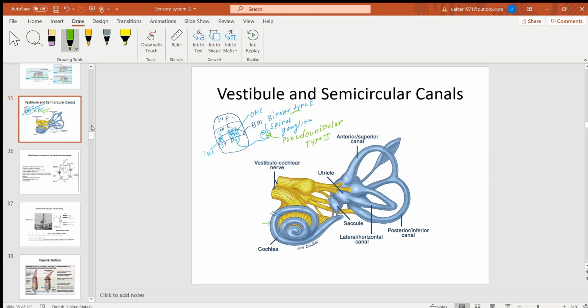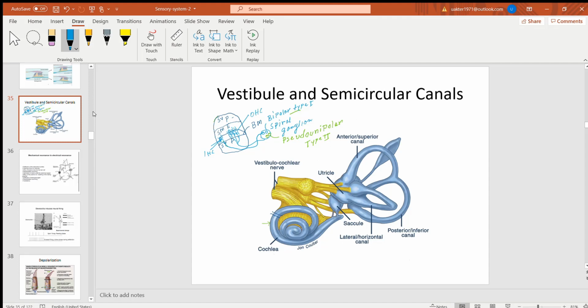So remember, type 1 bipolar neurons receive the signal from the inner hair cells, and each hair cell sends signal through a single afferent fiber. So you see, this is the inner hair cell, and from each inner hair cell a single afferent fiber takes the signal to the bipolar neuron.